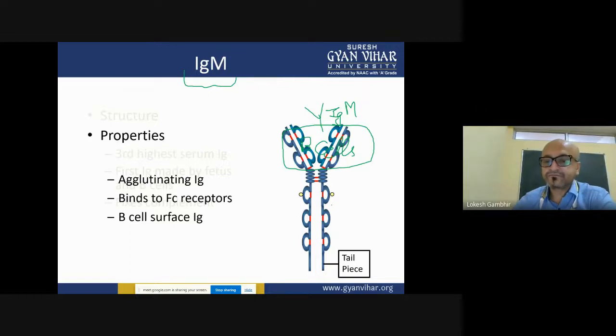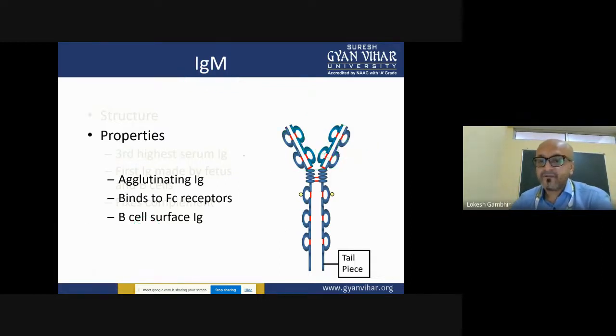Now I told you that we also have a case where we have a constant region 4 of the heavy chain. So let us talk about this particular slide. We have the variable region, constant region 1, constant 2, constant 3, and we have an extra constant 4 in the case of IgM with the extension of a tail piece, and here there will be a free carboxylic acid.